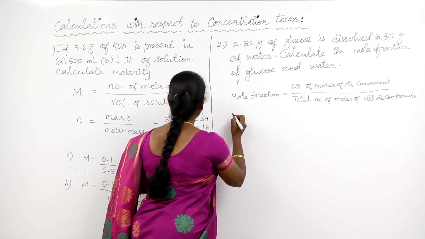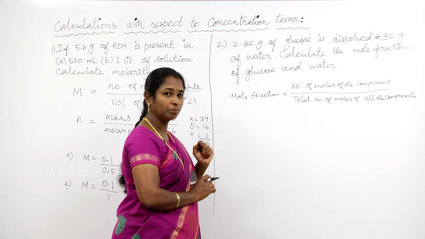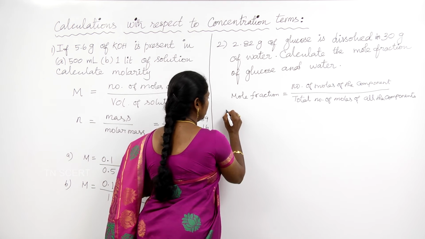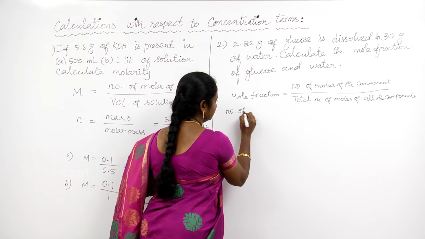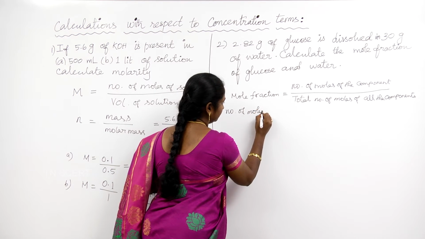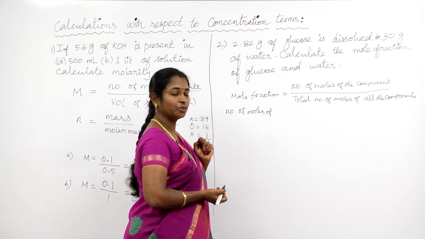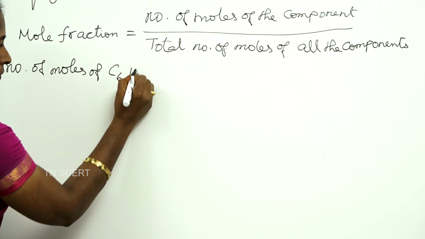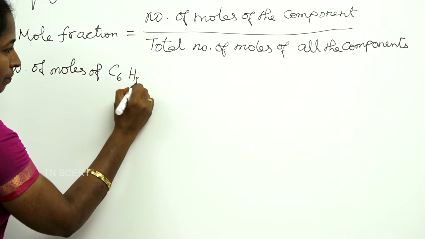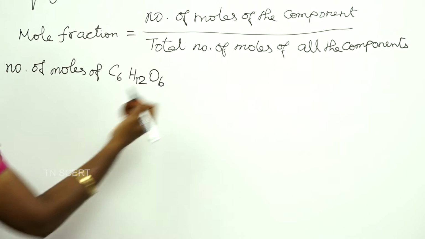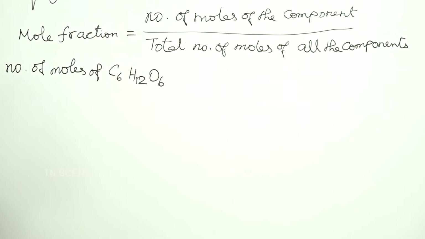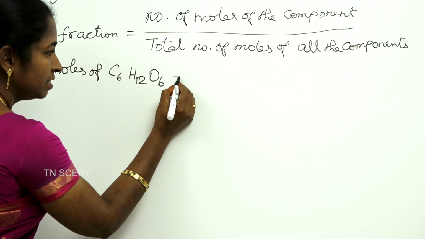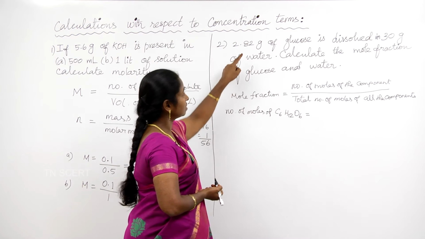So, number of moles, you know the formula, mass by molar mass. So, number of moles of glucose. Do you know the formula for glucose? C6H12O6. Number of moles of glucose is equal to mass of glucose.